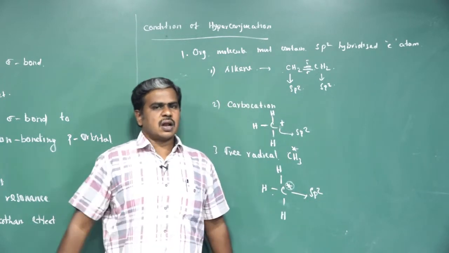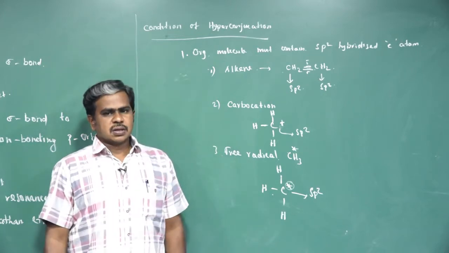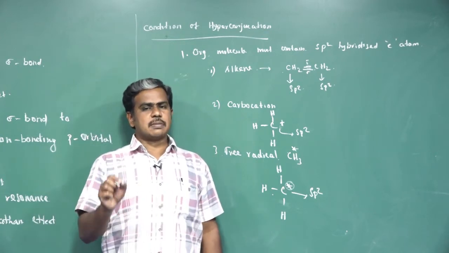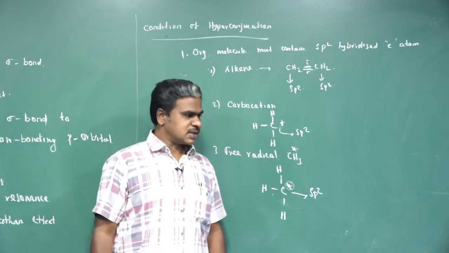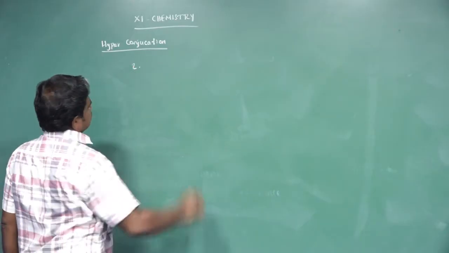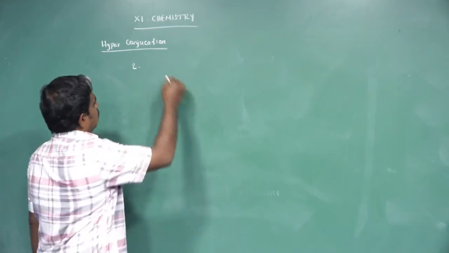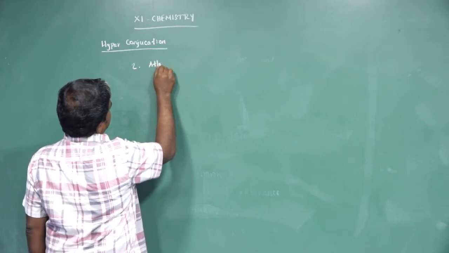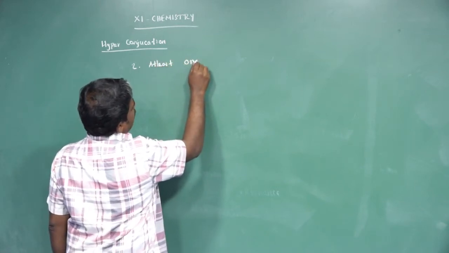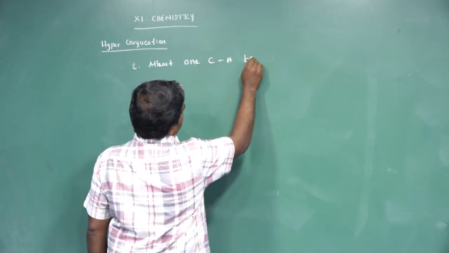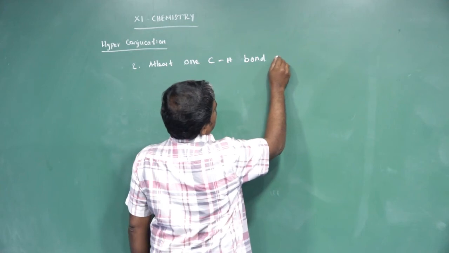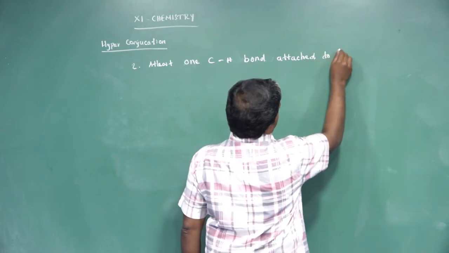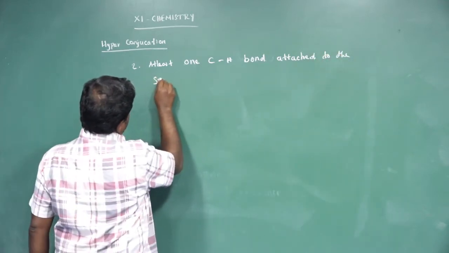So what is the first condition of hyperconjugation? An organic molecule must contain sp2 hybridized carbon. Now, the second condition: an organic molecule contains at least one carbon hydrogen bond attached to the sp2 hybridized carbon.